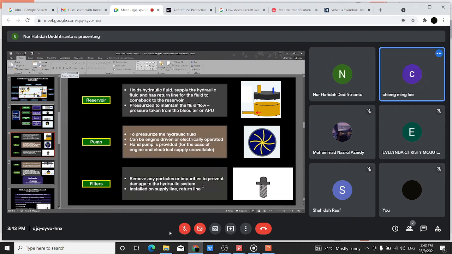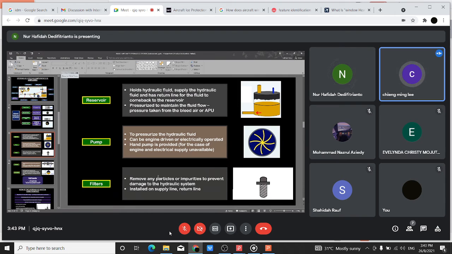Why can't it be water? Water is also a fluid, right? But water freezes very fast. If you fly more than 20,000 feet, the temperature is less than minus 20 degrees, so water will freeze already, right? So it must have a very low freezing point. That's now the criteria of the hydraulic fluid you explained already.